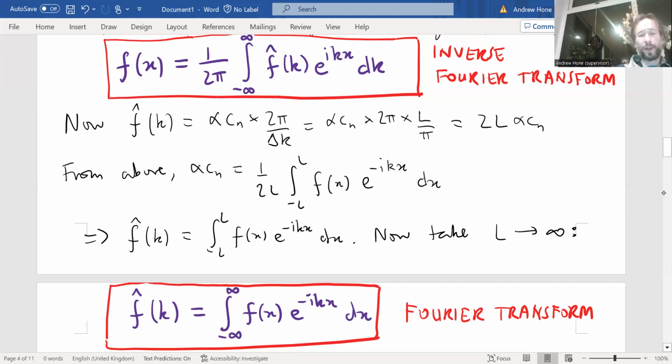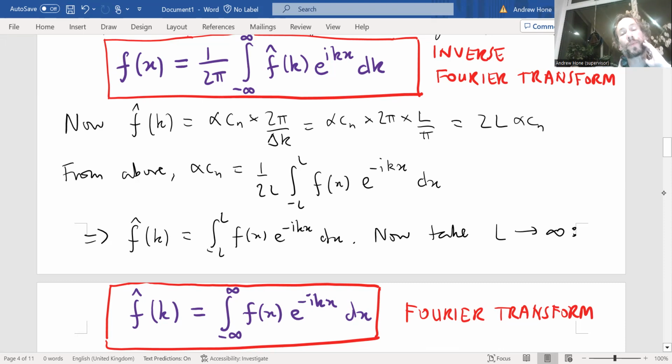If you're used to thinking about Fourier series, then when you talk about convergence of series, you have absolute convergence, which means the sum of the modulus of the terms is convergent. And you can do the same things with integrals. So you would take the modulus of the integrand, and it has to give you a finite value for the integral. In this case, you've got e to the ikx and e to the minus ikx appearing in these integrals. So when we integrate f of x times e to the minus ikx, the modulus of that is just the modulus of f of x, because e to the minus ikx has modulus 1.